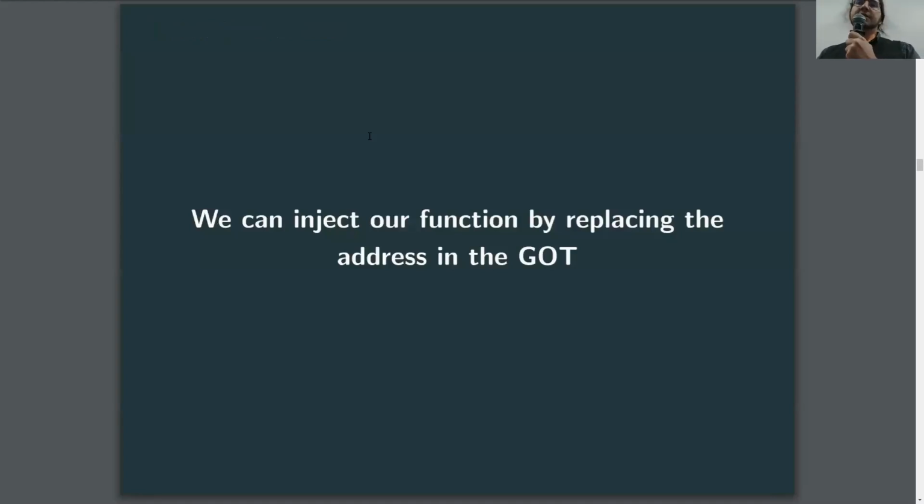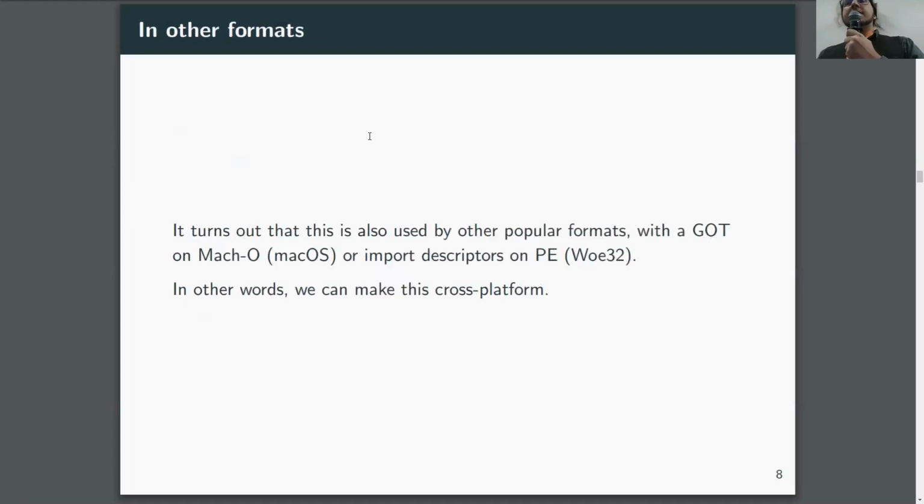It turns out this is also present in other formats: there's a GOT in Mach-O for macOS, and there are import descriptors on Windows PE, which is essentially the same thing, just structured differently. Since that's over 99% of what we want to target, we can pretty much make this cross-platform, which is what I wanted to do first.